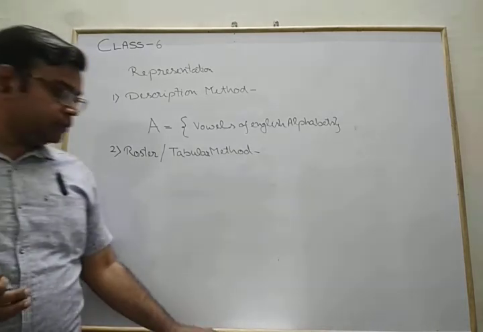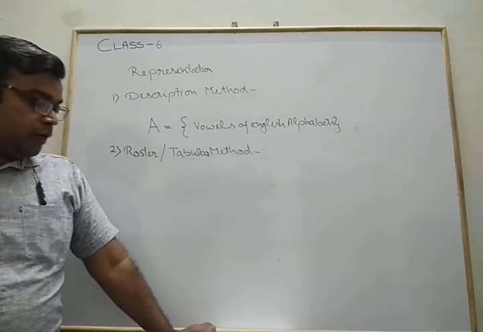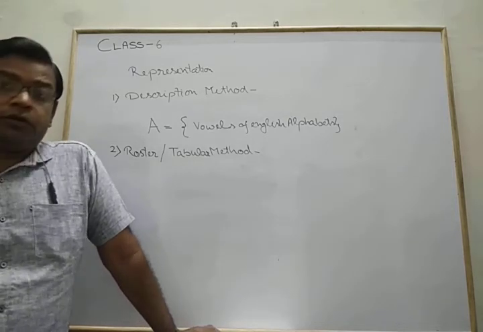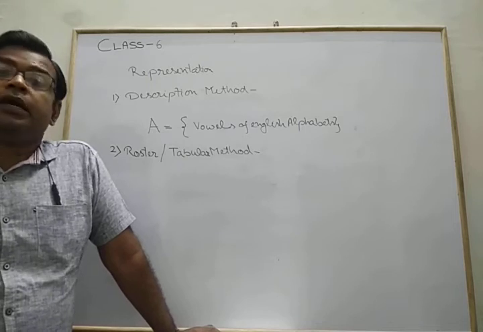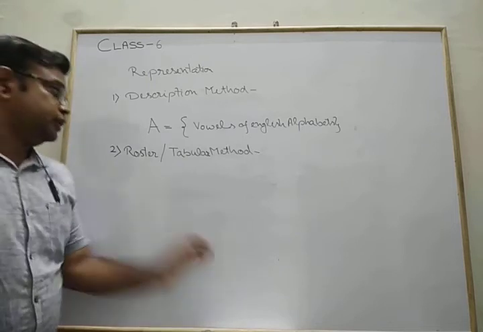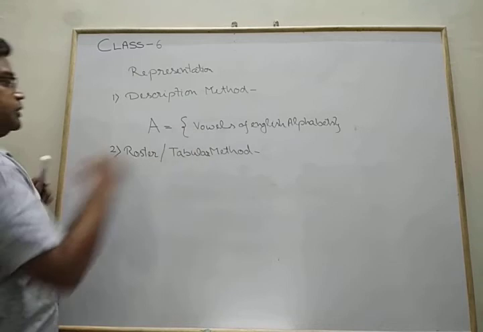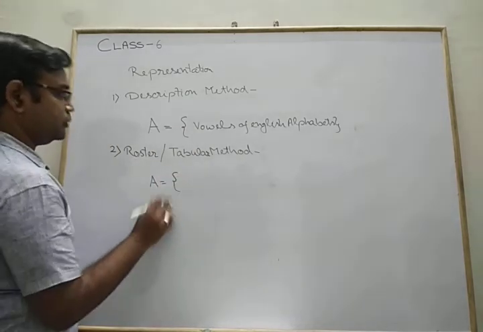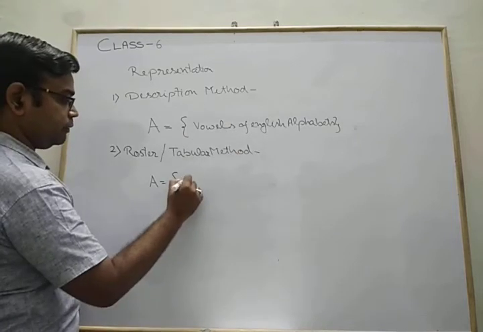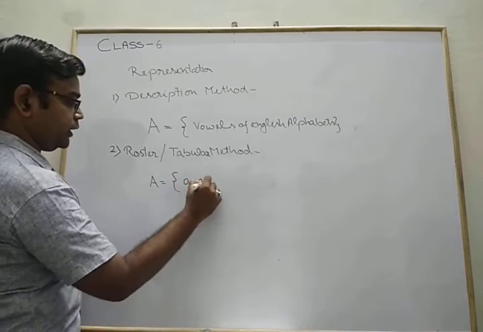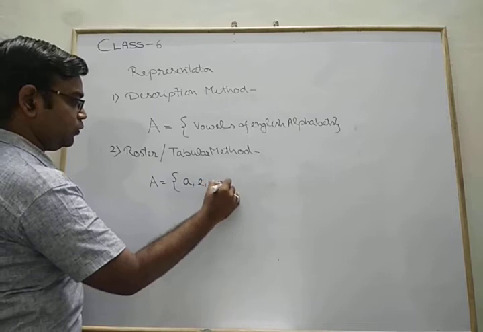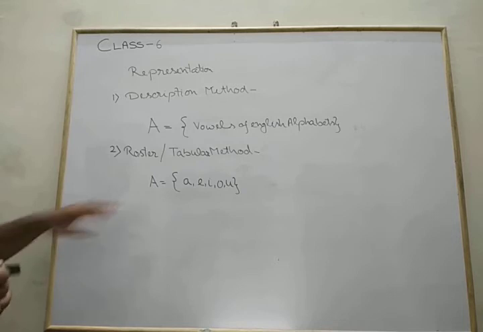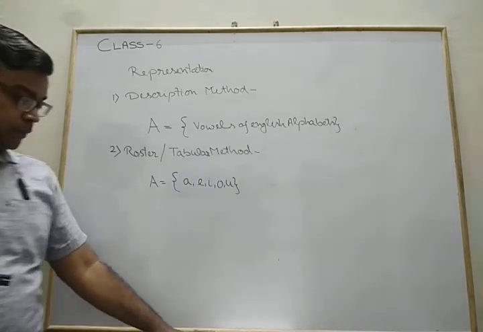In roster method or tabular method, we list all the members, we write down all the members of the set inside the curly bracket. Take the same example, vowels of English alphabet. You must write in small letters A, E, I, O, U. So this is your roster or tabular method.